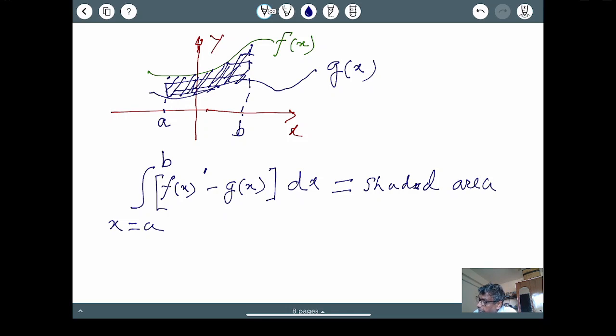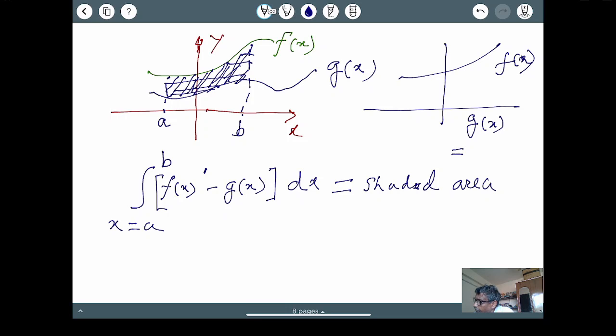Similarly, suppose this is your xy axis, and you have a curve like this, suppose this is f(x), and the second curve g(x) is the x-axis itself. That is, g(x) is equal to y equal to 0.